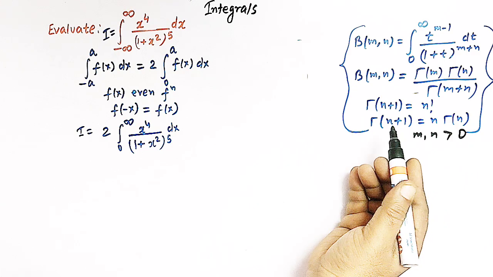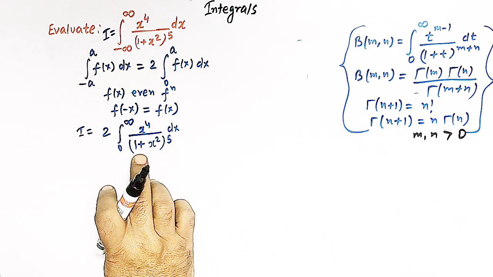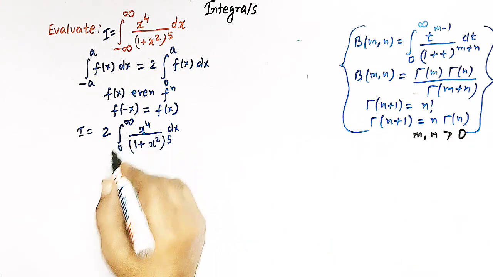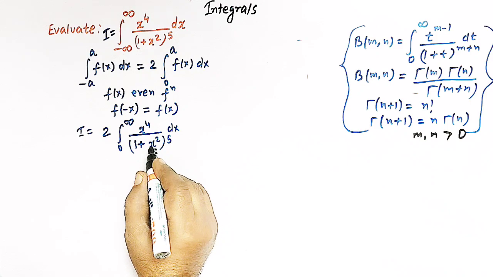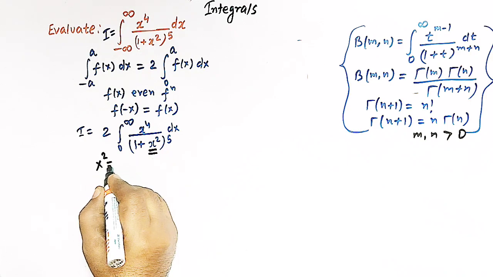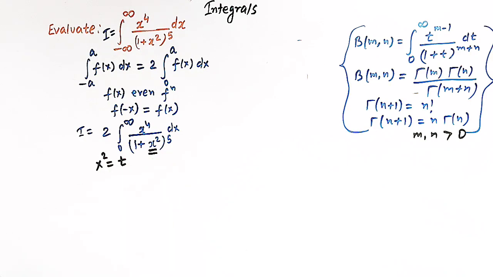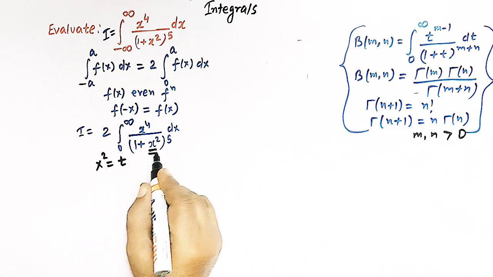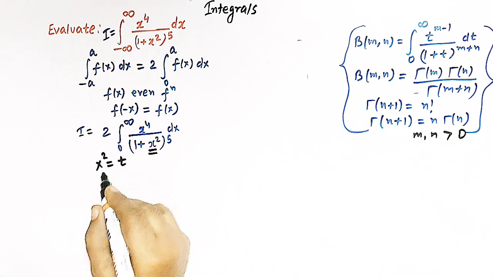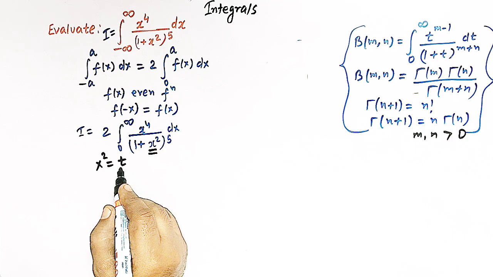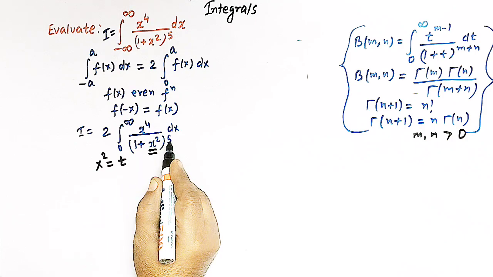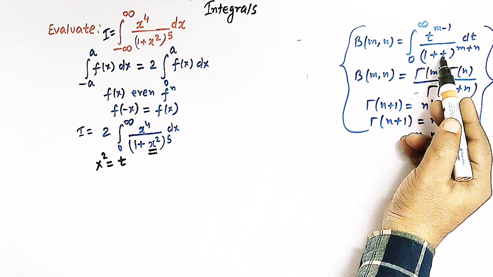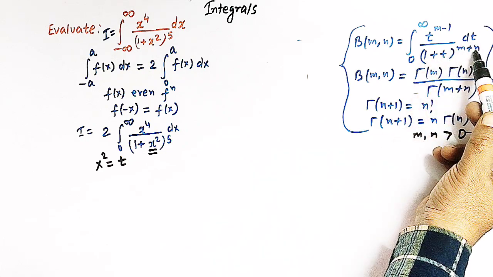Now let us once again come to this integral, and we'll make use of the method of integration by substitution. Let us take x square equal to t. It is important to note that we make this substitution because then we'll have (1 plus t) raised to 5, and in the beta function we have (1 plus t) raised to m plus n.